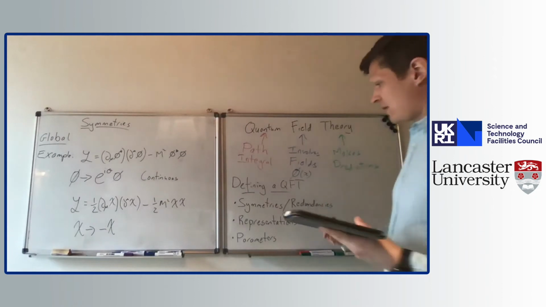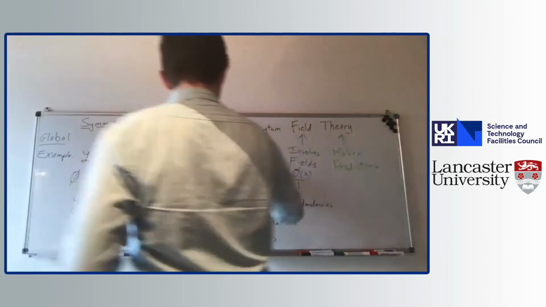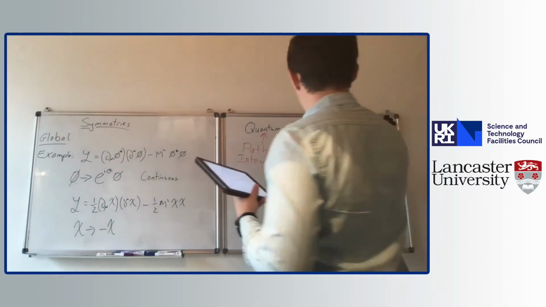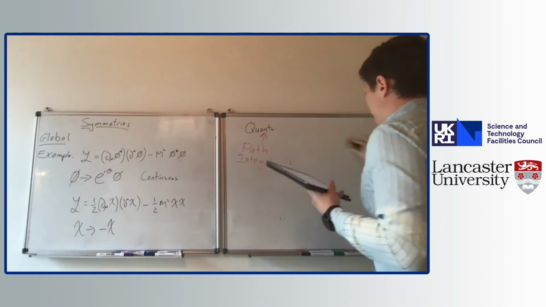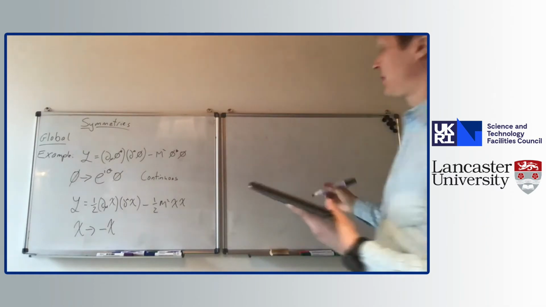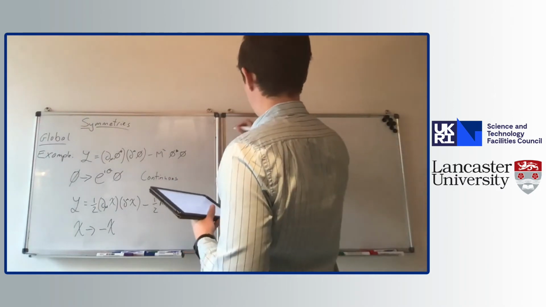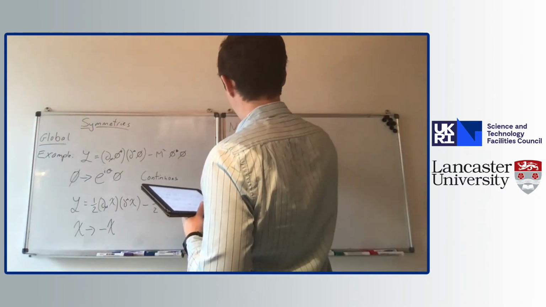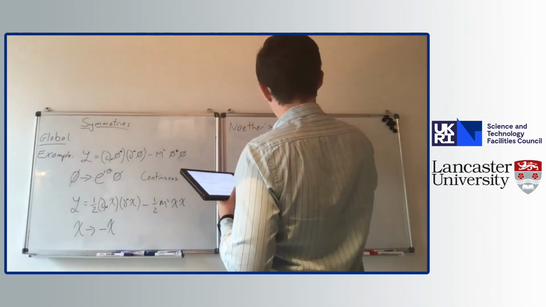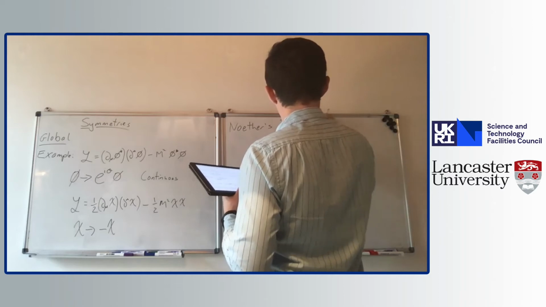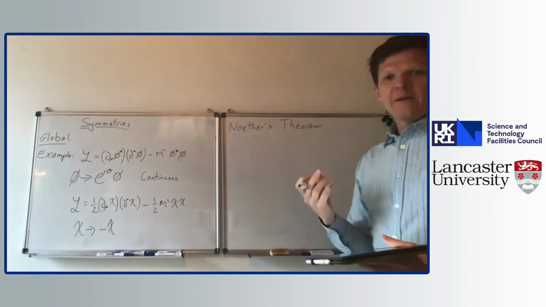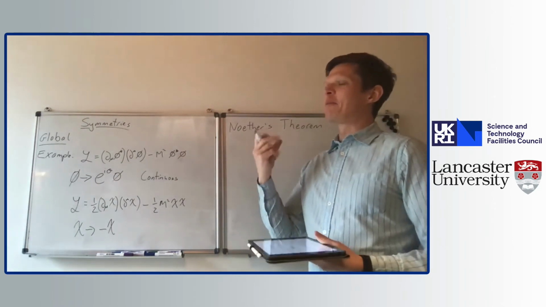More formally, viewing this in a more technical manner, and I think this is in the homework problem, so I won't do it on the board. A continuous symmetry is associated with a conserved current. So this is Noether's theorem, which was, in my mind, one of the building blocks of theories.